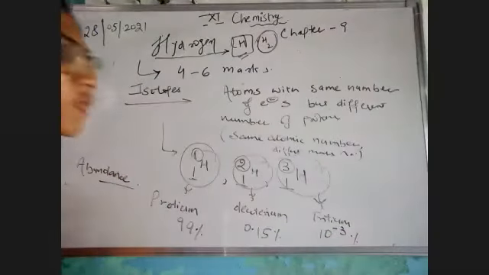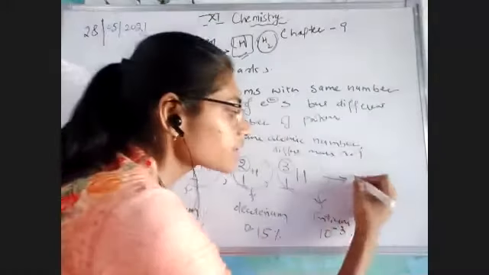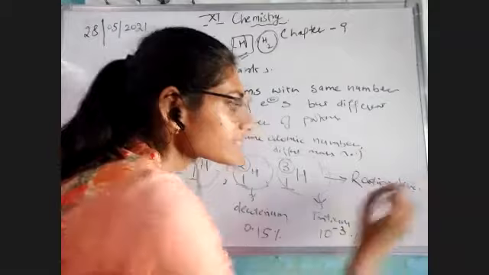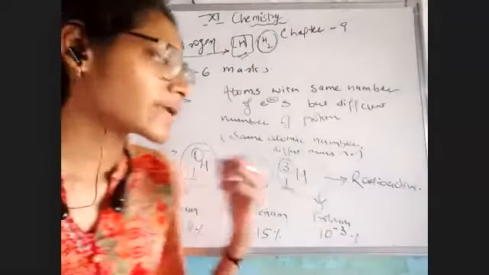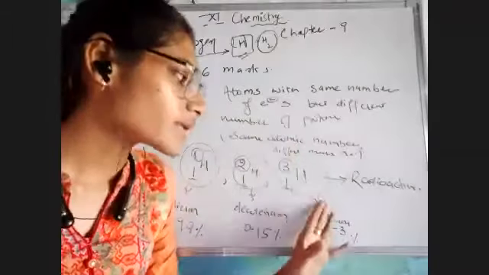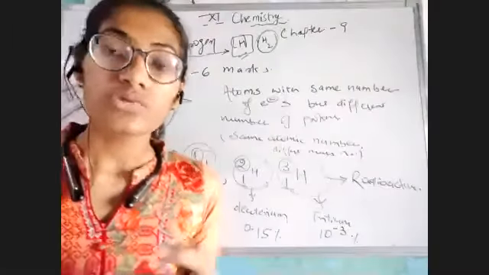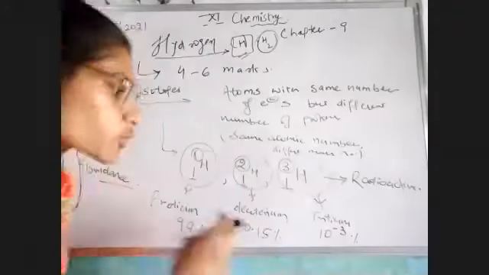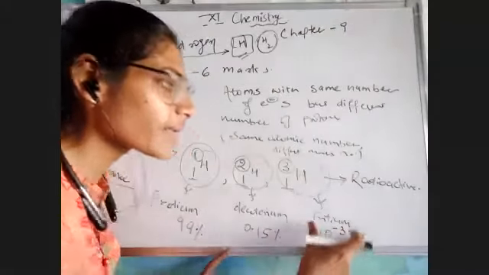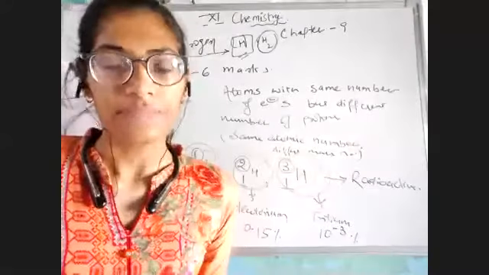Moreover, tritium is a radioactive element. That means it always releases some radiation, so it is very difficult for us to get some information about it. So we have some compounds of deuterium, but the formation of compounds of tritium is almost negligible. Am I clear?